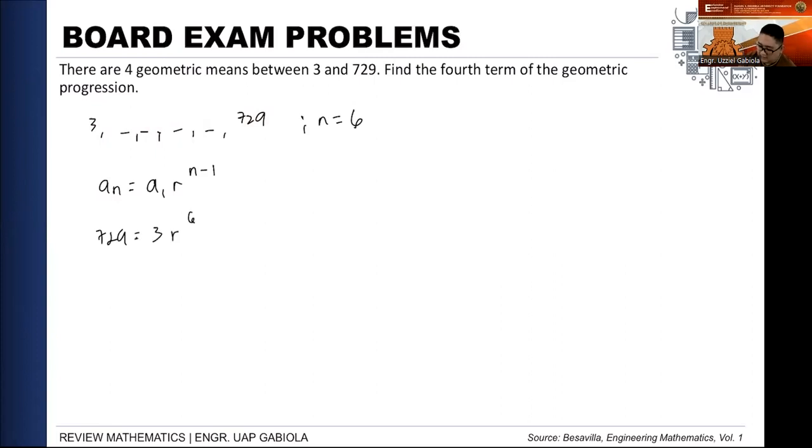So, 729 is equals to 3 r^5. Okay? Paano masisimplify ito? Divide mo by 3, no? And then, i-raise mo by 1/5 both sides. Okay? So, 729 divided by 3 is 243, and 5th root.